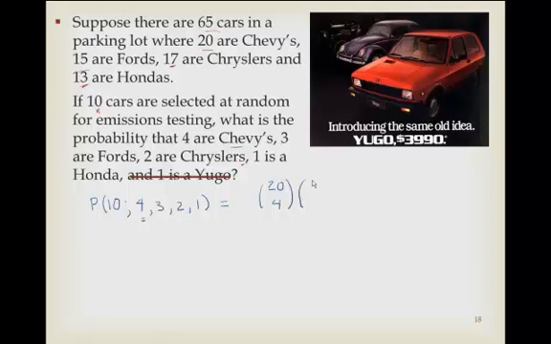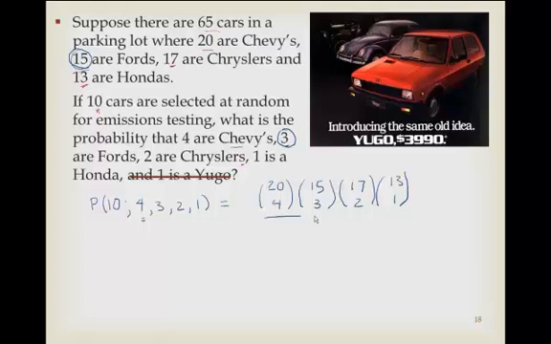Then we've got 15 Fords, and we're choosing 3. Now we're on to the Chryslers, there are 17 of those, and we're choosing 2. And 13 are Hondas, so that's our K, and 1 is what we're choosing.